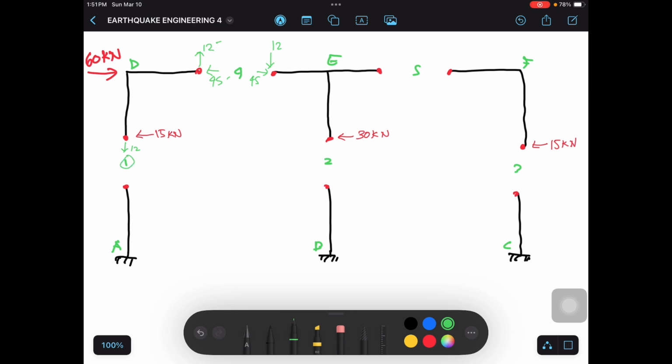Saglit, I just want to make this clear para hindi na malito yung iba. Nung ililipat natin tong dalawang force na to sa segment A, i-change din natin yung direction. So 12 na to, upward. And then ito, to the right na siya.